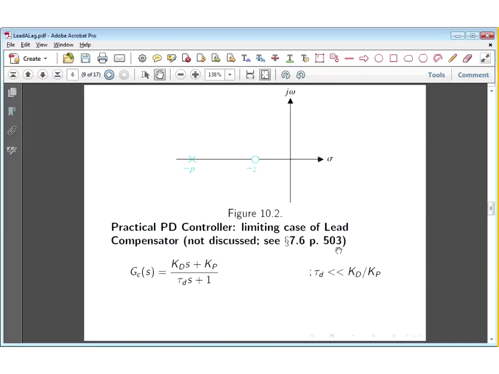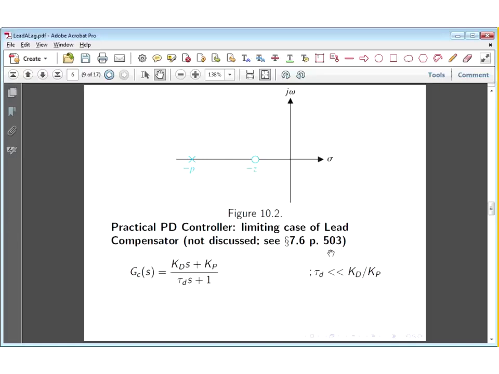And of course, the PD and the PI controllers are not specifically discussed, just the PID, but you can very easily derive a PI from a PID by just making the differential gain KD 0. And likewise, you can get a PD controller from a PID controller by simply making the integral gain KI equal to 0.